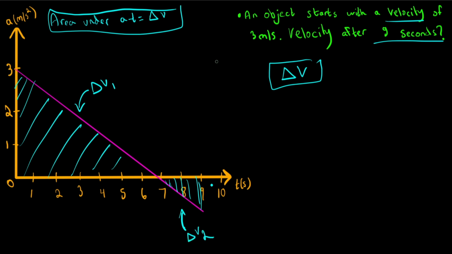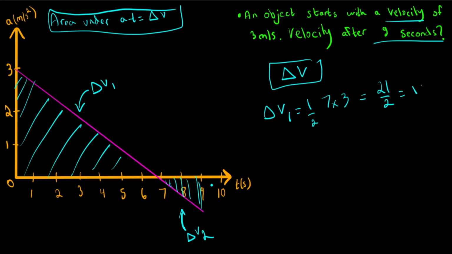We calculate delta v1 using the formula: half the base times height. The base here is 7 times the height, which is 3. So 21 over 2, which is equal to 10.5.